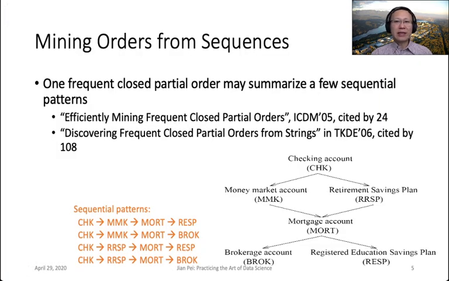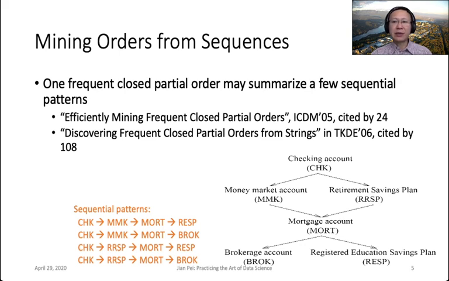Let me use one example to illustrate this. Back in 2005, my group developed an approach to find frequent closed partial orders, which can summarize sequence data. Let's consider the following context. Suppose we collect user behavior in a bank. Specifically, we look at in what order a user opens his or her bank accounts.